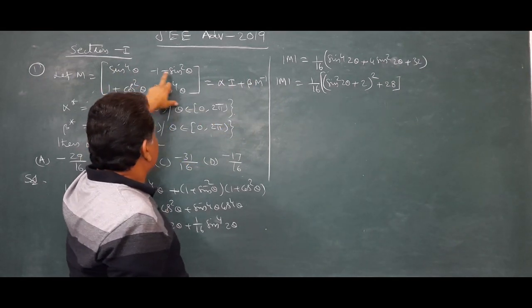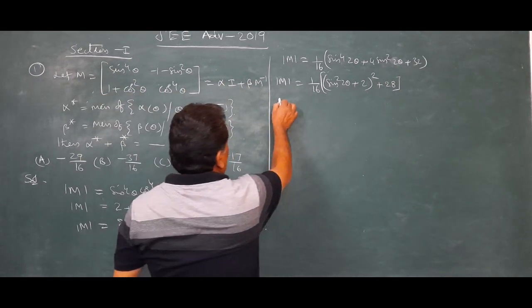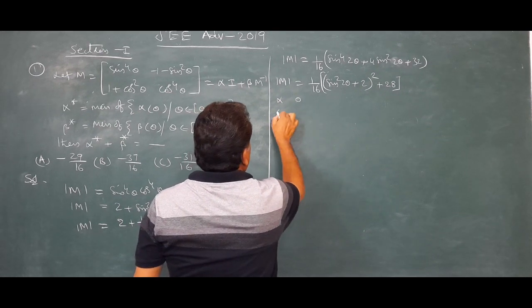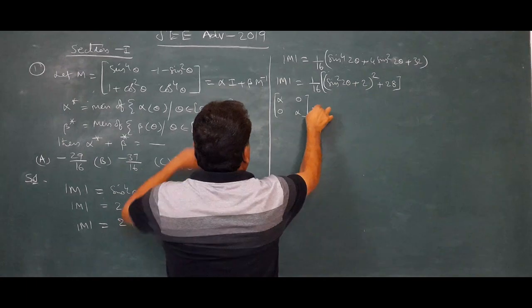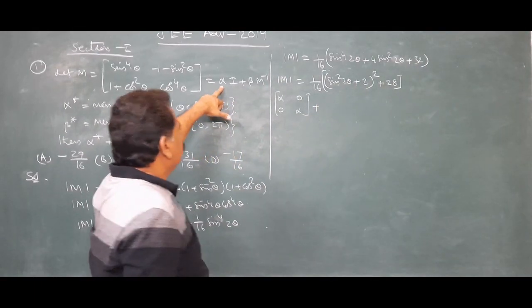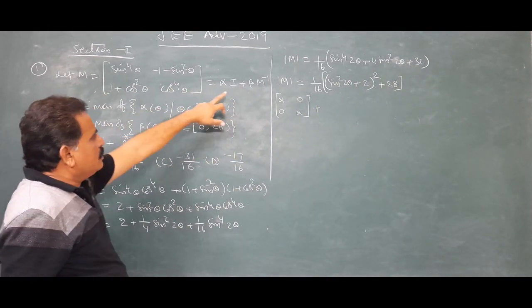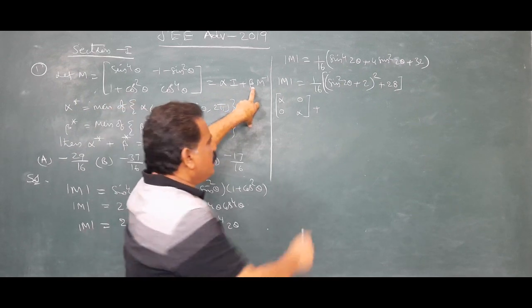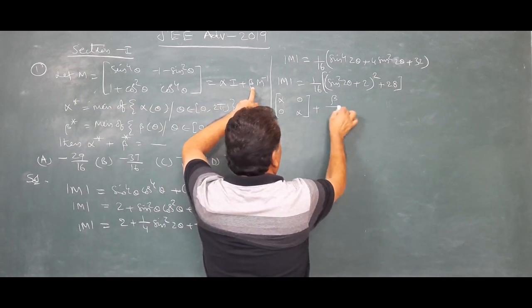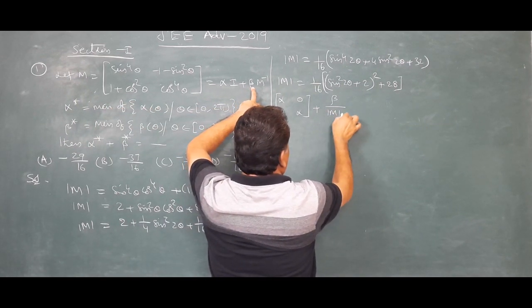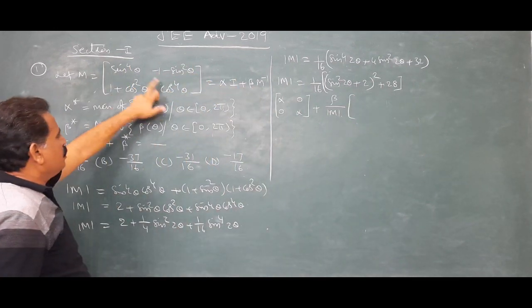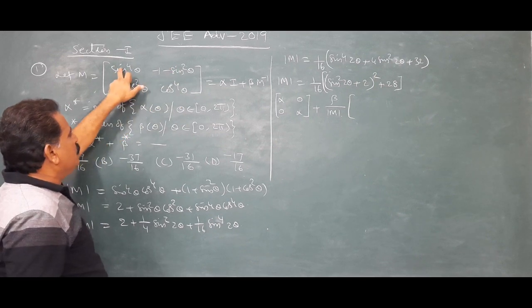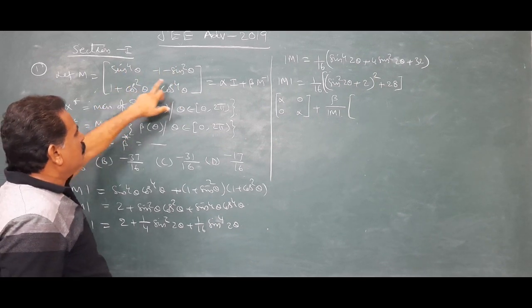Comparing both sides, alpha I means alpha 0, 0 alpha, plus beta M inverse. That means beta M inverse is det M into adjoint M, which is interchange these two and sign change: d, minus b, minus c, a.